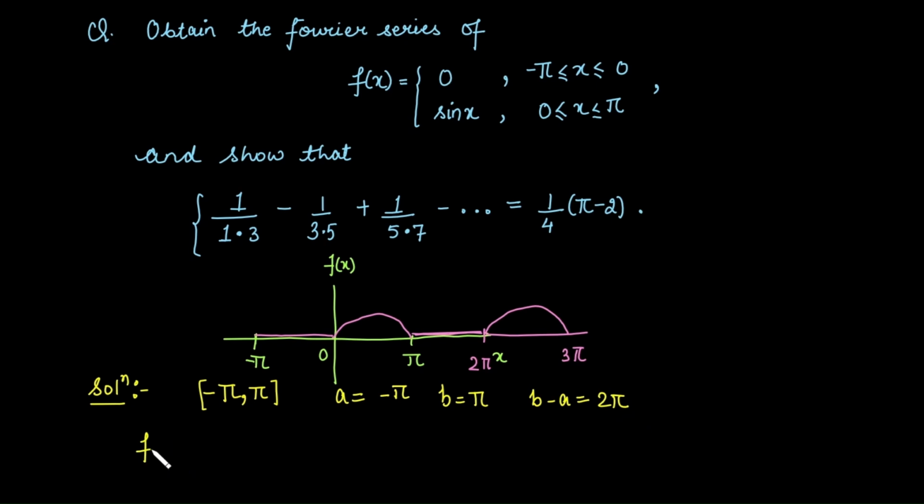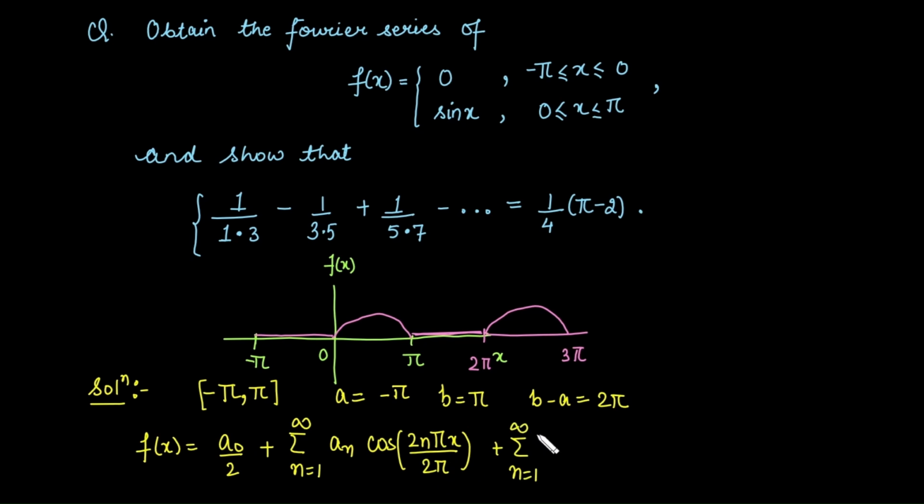Now the Fourier series is equal to a naught by 2 plus summation n from 1 to infinity a n, and with a n we are taking a cos term, 2n pi x divided by the length of the interval, that is 2 pi, plus summation n from 1 to infinity b n sine of 2n pi x divided by the length of the interval, that is 2 pi.